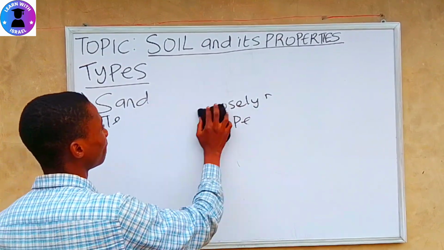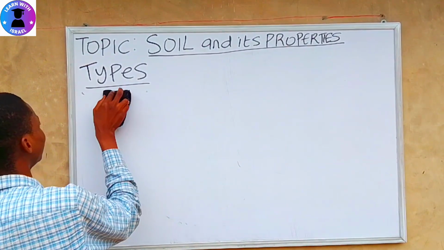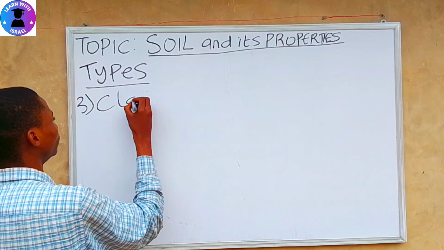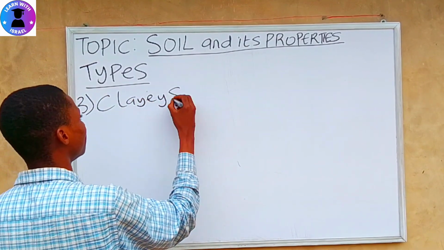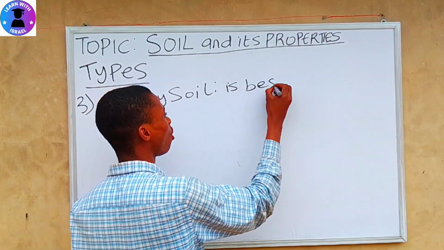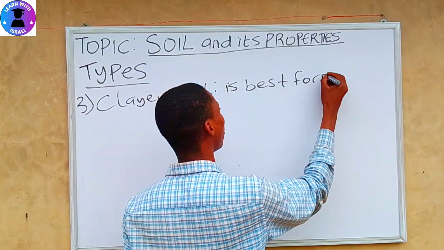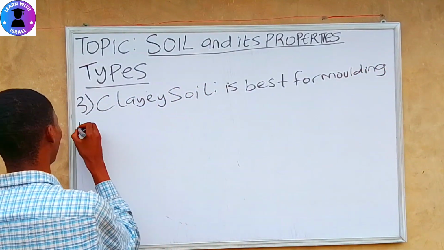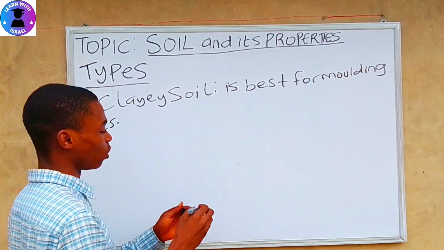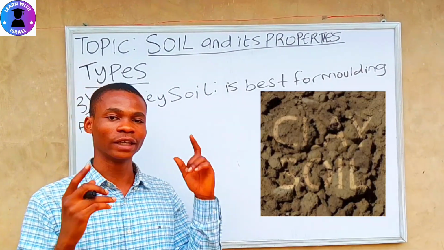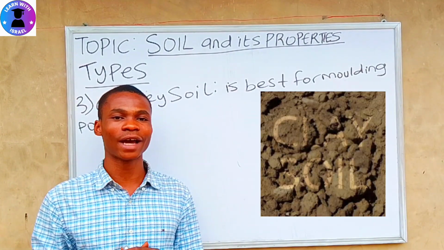So the next type is the clayey soil. Clayey soil is best for molding, especially pots. As you can see in the diagram of clayey soil showing on your screen right now.